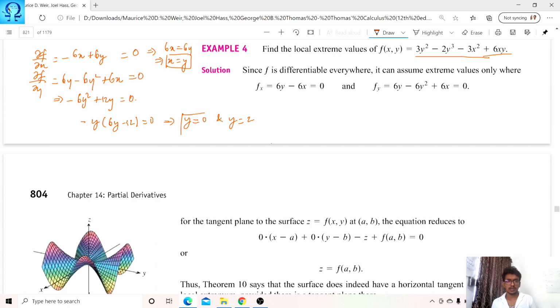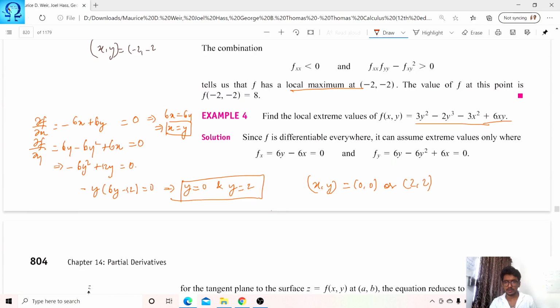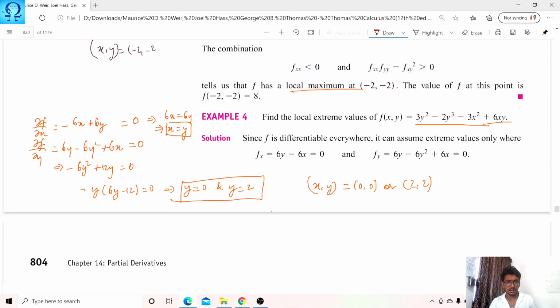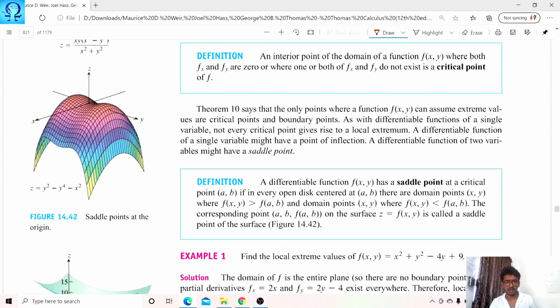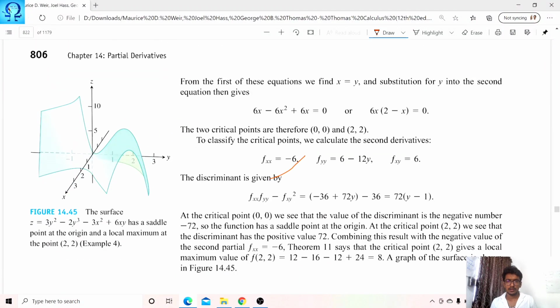Okay, when we get these two things, your x and y combination can be either 0 comma 0 or 2 comma 2. So these two are the critical points that we have got out of these things.